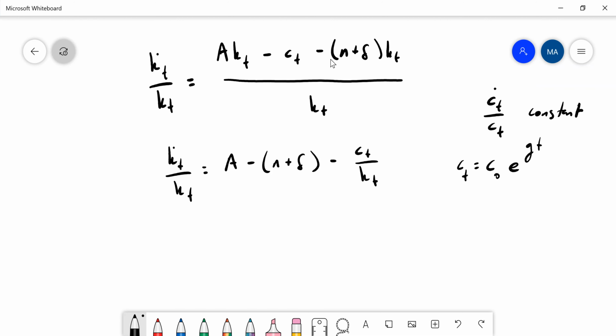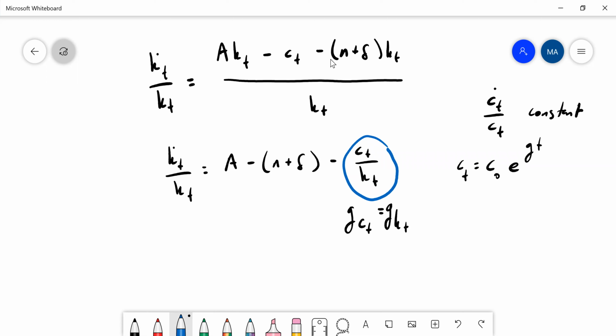Now, obviously, in the long run, we also want the growth rate of the capital stock to be constant as well. But that requires the growth rates of C T and K T to be the same, because there is this ratio here. So how do you do that?